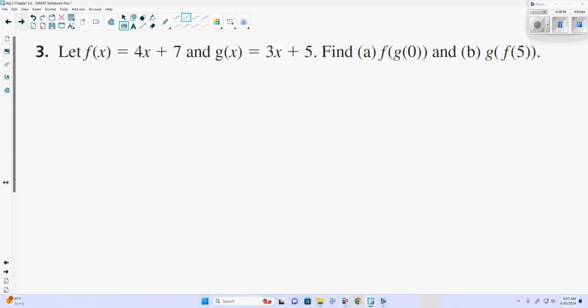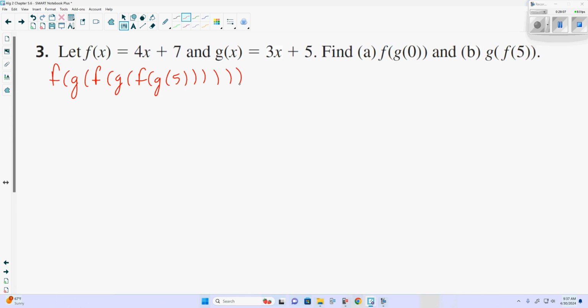All right, let's take it to an extreme. Let's do f of g of f of g of f of g of 5. Now, this looks like we've taken it to a whole other level.